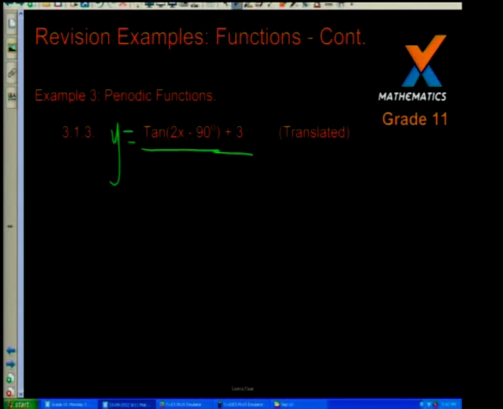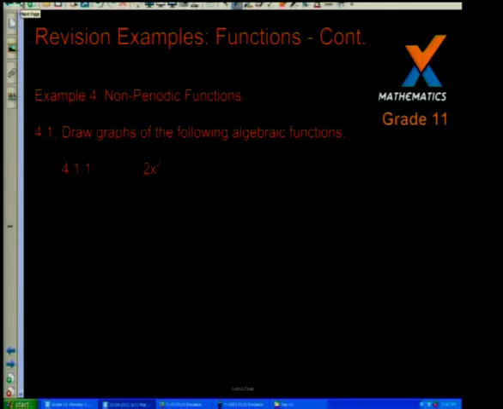All right, so it's testing almost everything. All right, so I want to move on to non-periodic functions. I'm saying draw graphs of the following algebraic functions, starting with a simple one like y equals 2x squared. All right, you will identify this as a quadratic function.